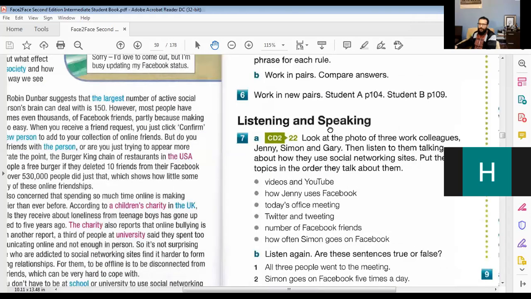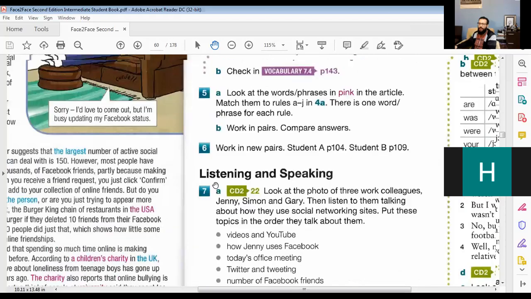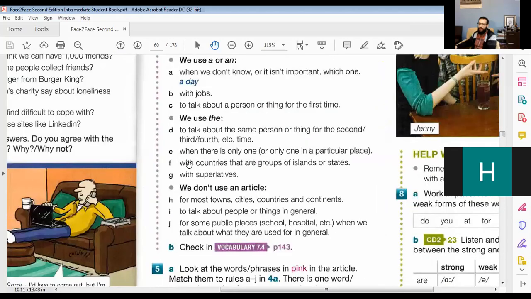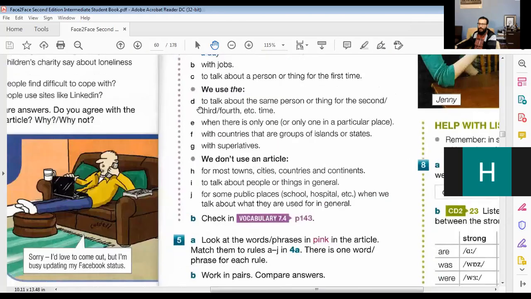The charity. Specific building. What do you think, Sana? So we have a children's charity. The first time we used a. That means the second mention. Exactly. Second time. So the next one, which is the charity, this means this is the second time we're using it.